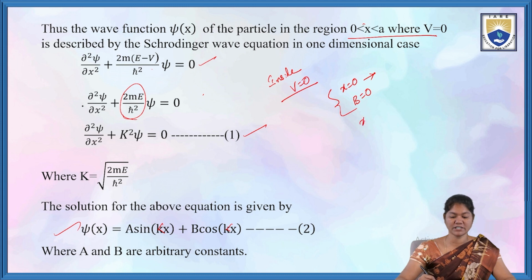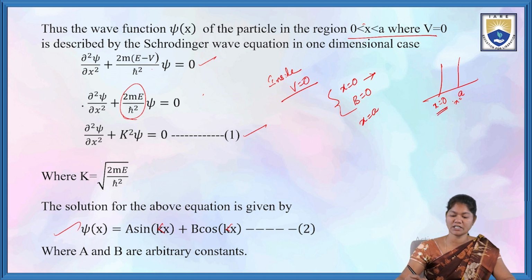As the potential box width is a, the boundaries are 0 to a.